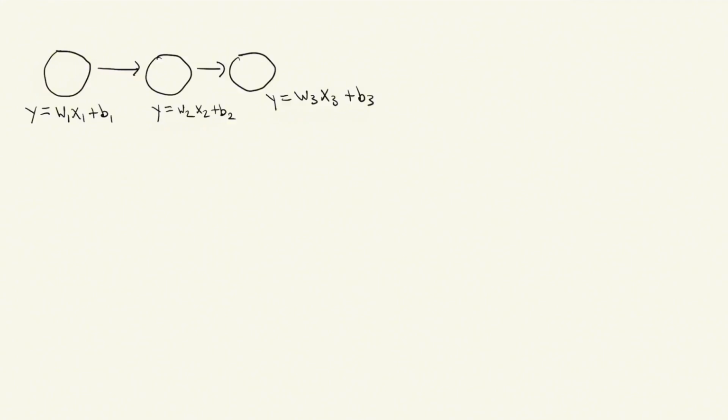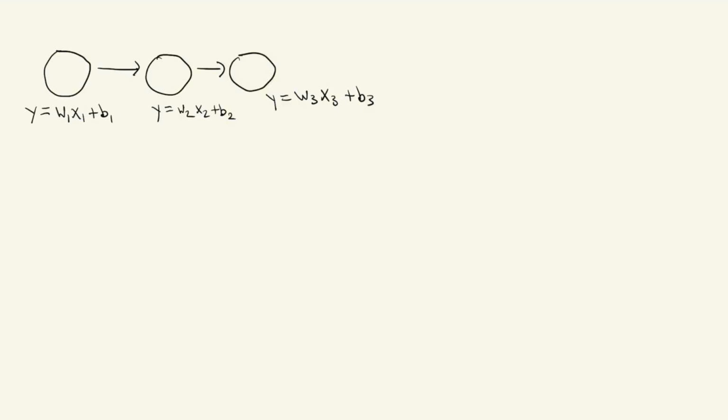And again, they're all different linear functions. Like w1 and b1 are just for this neuron specifically, and w2 and b2 are just for this neuron specifically, and w3, b3 are just for this neuron specifically. Every neuron's going to have its own linear function inside of it that's unique to that neuron.